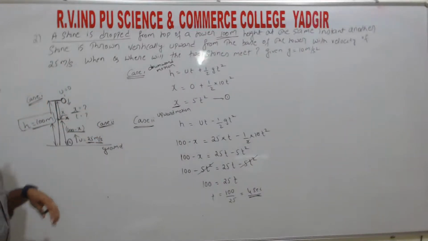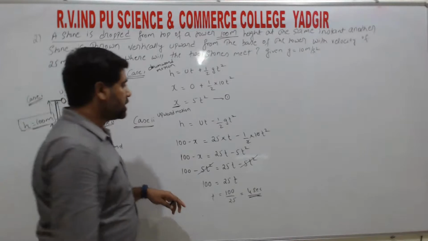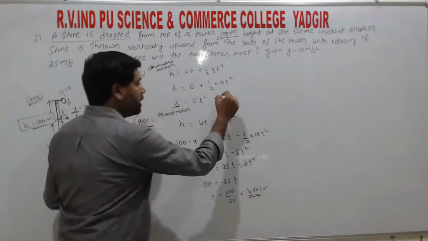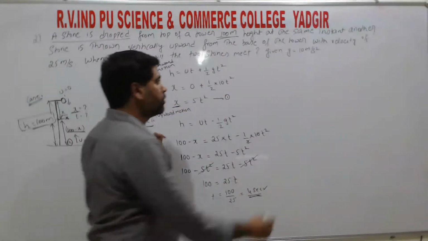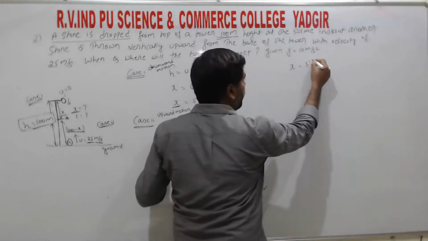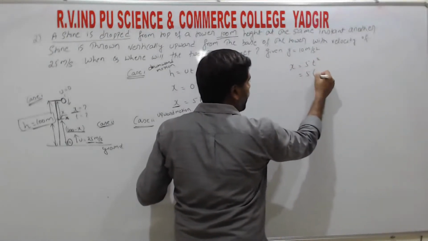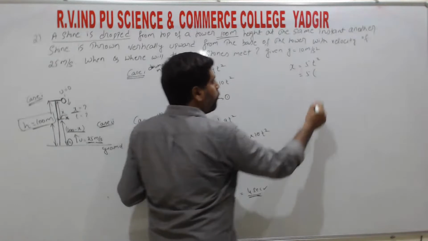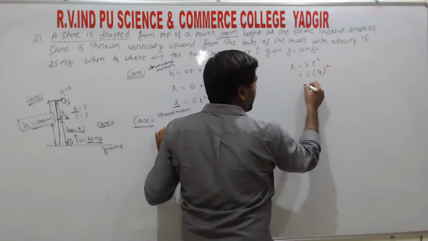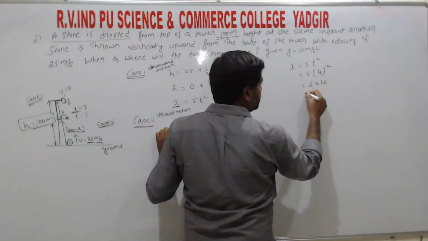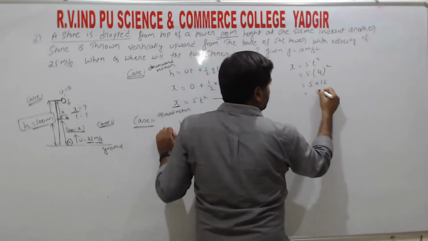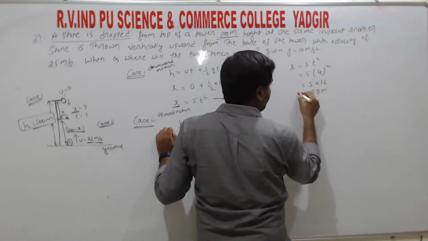Now where they are meeting, just substitute this 4 seconds in the first equation. So x equals 5t square, 5 into 4 square, 5 into 16, that is 80 meter.